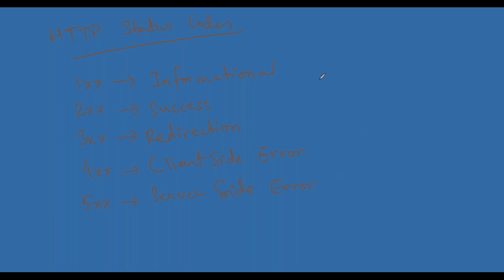So most of the time the codes that you will find in this series will be 200, 302, 404, 403, 503. 200 is what you need to look at. For the connection to be successful, it has to deliver the response code as 200.